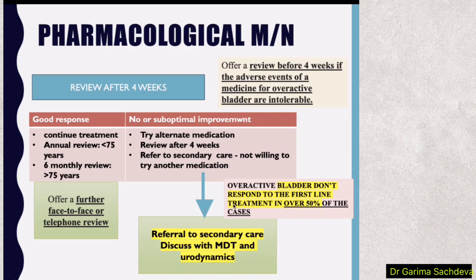So in urge incontinence, I told you that you have to do a urodynamic study. Urodynamic study is not done as the initial assessment. If the symptoms look like urge, you give drugs. If she is not responding to drugs, then only we go for the investigation. This is also important. They ask you what is the next step, and then they confuse.